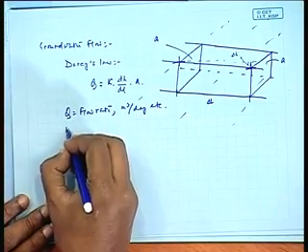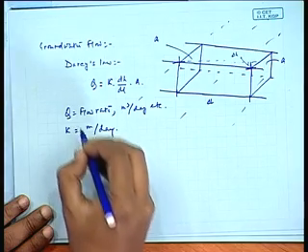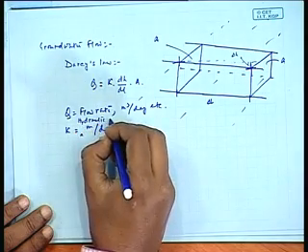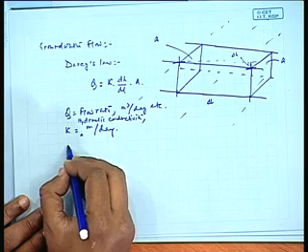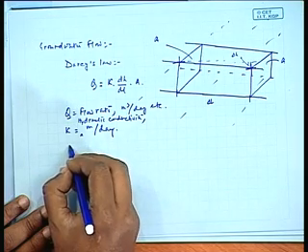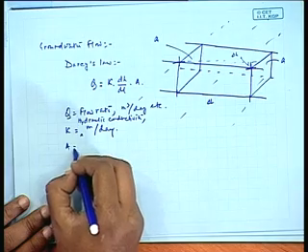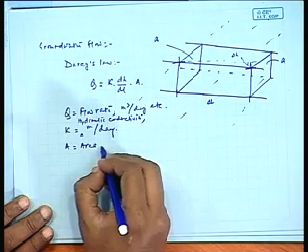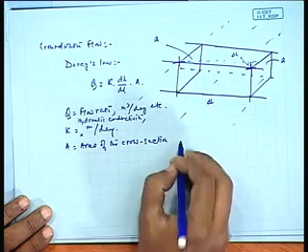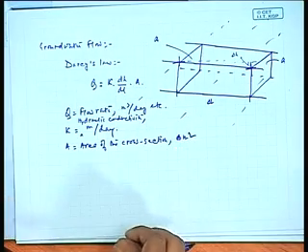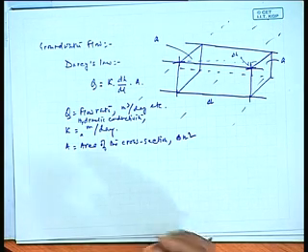K is hydraulic conductivity in meter per day, and del H by del L is without units, and A is the cross sectional area, given in terms of meter square. So you can find out Q in meter cube per day or meter cube per year.